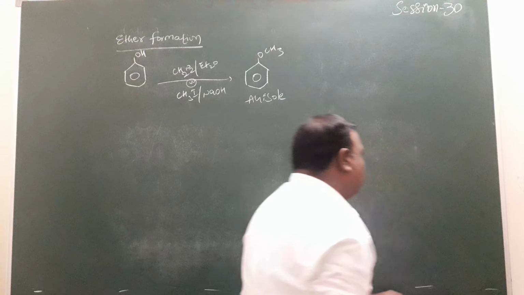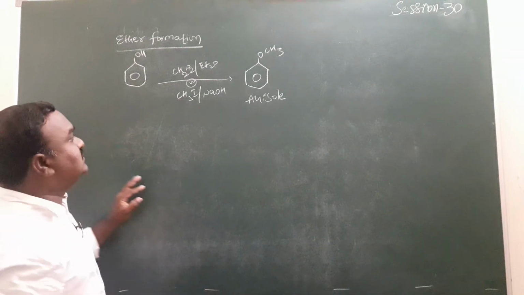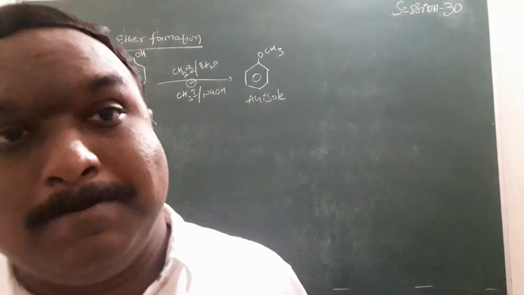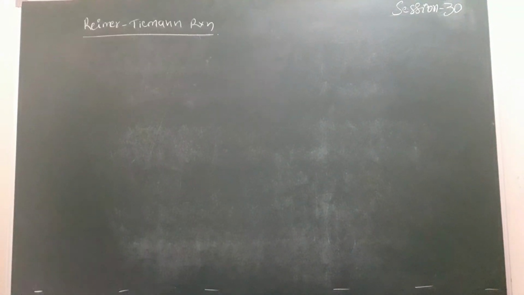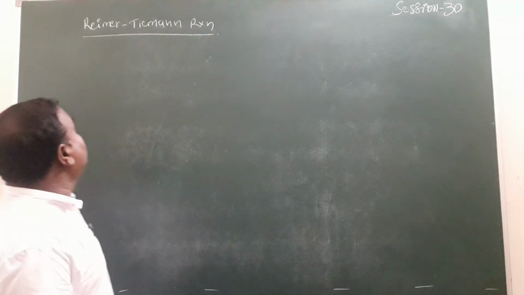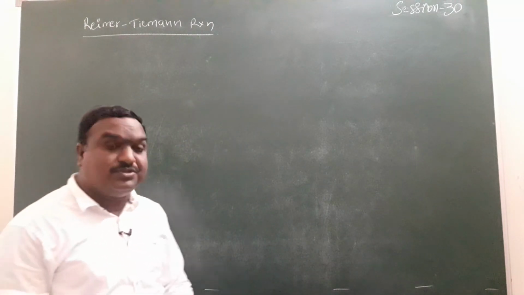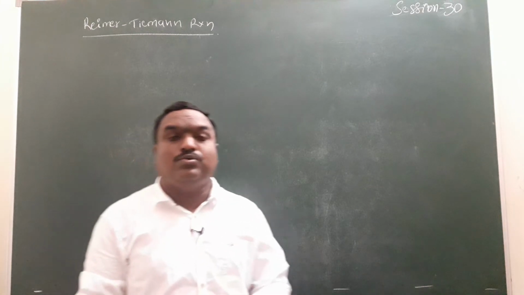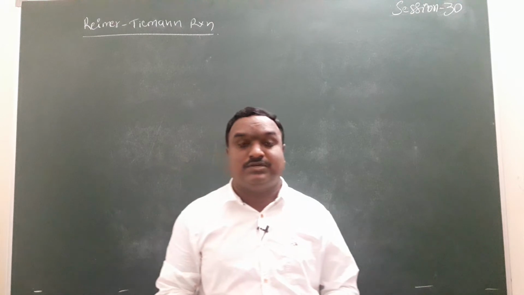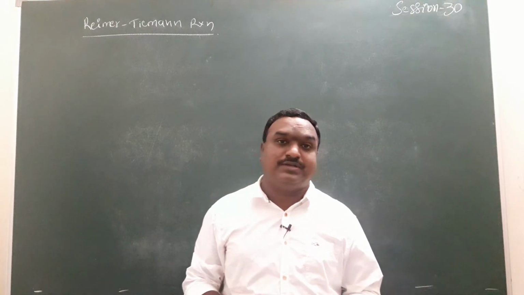Now, the next one is the Reimer-Tiemann reaction, one of the named reactions here. How to identify that the given reaction is the Reimer-Tiemann reaction, based on the reaction we can explain here.